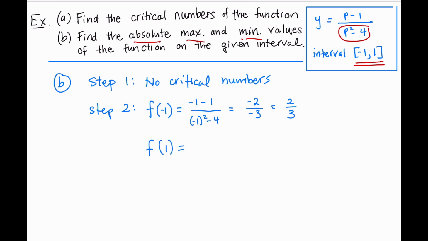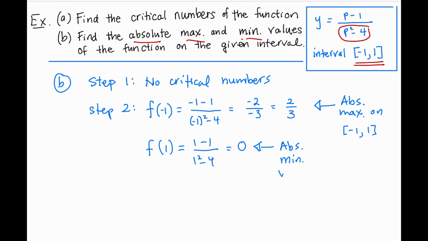That is (1 minus 1) over (1 squared minus 4), so that's 0. So the closed interval method tells me that 2/3 is the absolute maximum on the interval [-1, 1], and that 0 is the absolute minimum value on [-1, 1].